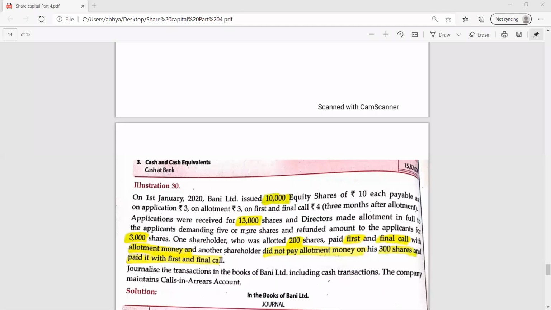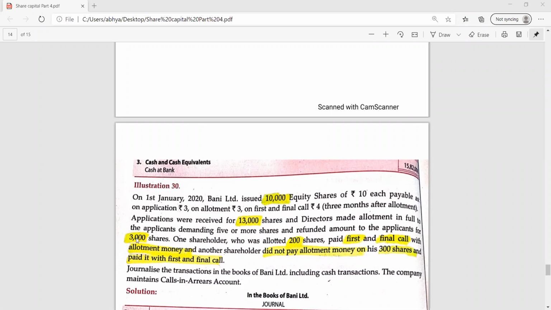We have already studied 3 cases for this treatment: rejection, pro rata, or combination. The language of the question will decide which treatment is done. Applications were received for 13,000 shares and directors made allotment in full to the applicants demanding 5 or more shares and refunded the amount to the applicants for 3,000 shares.